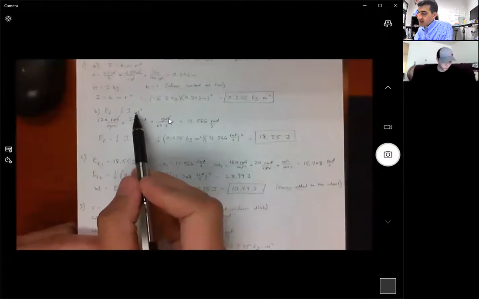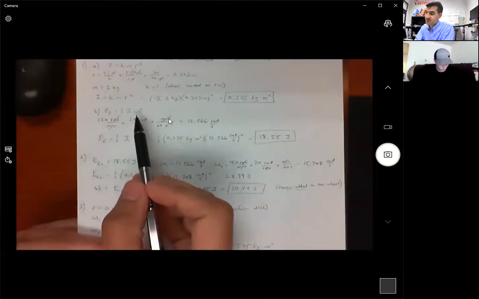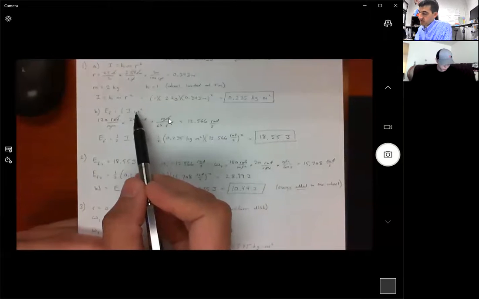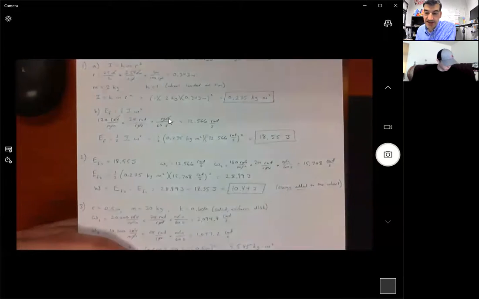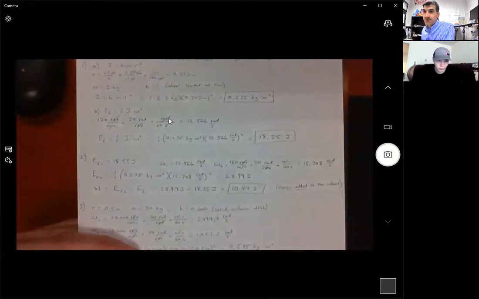And to get angular velocity, we need that to be in radians per second. That's the standard unit for angular velocity. So we're given the value of 120 RPM, revolutions per minute. We need to get that into radians per second. Well, we know that 1 revolution around a circle has 2 pi radians.